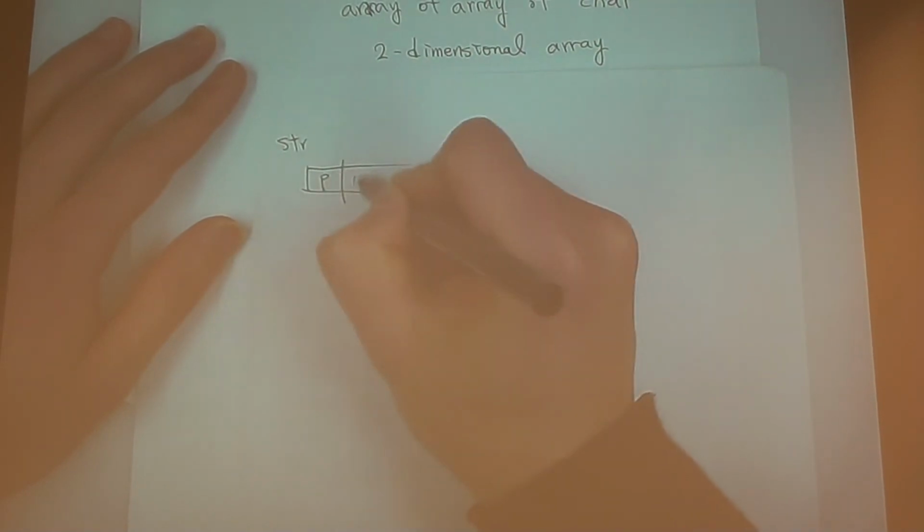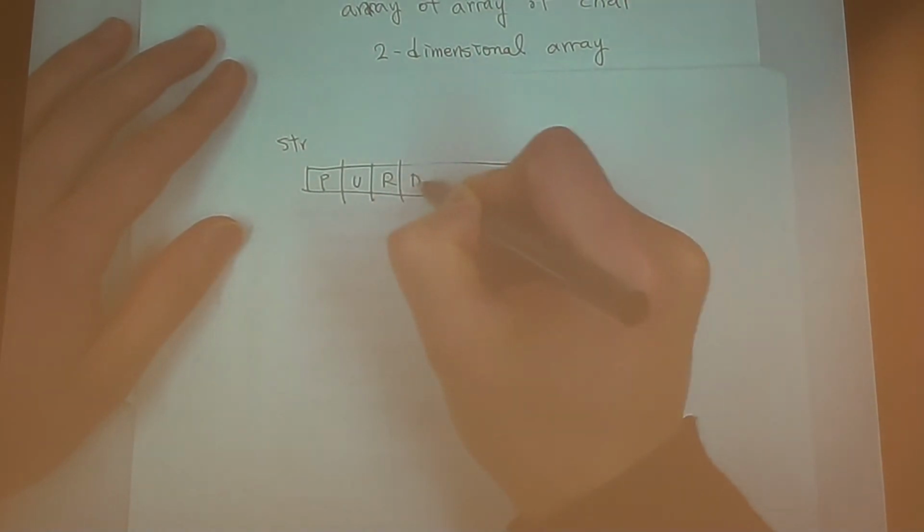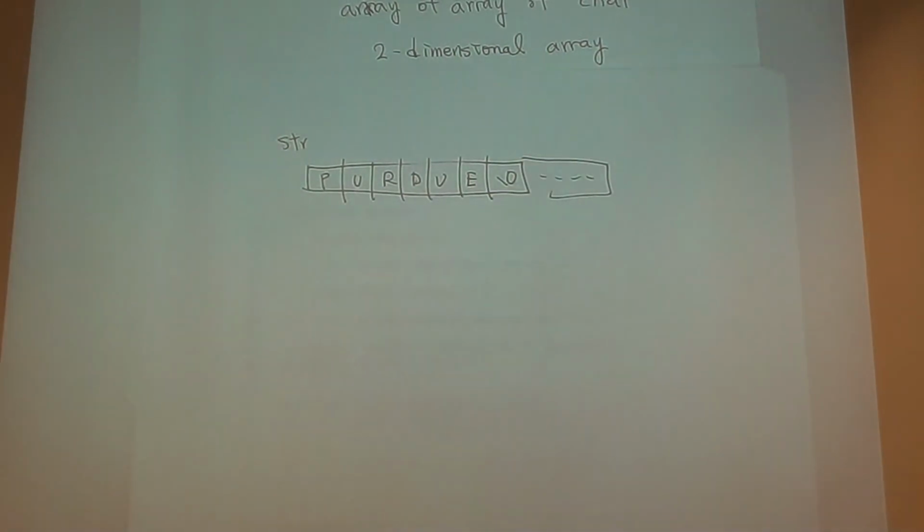Okay, so what is a string? A string is an array of characters. You may have an additional space, but we don't care. Once you have a \0, that ends the array, that ends the string.